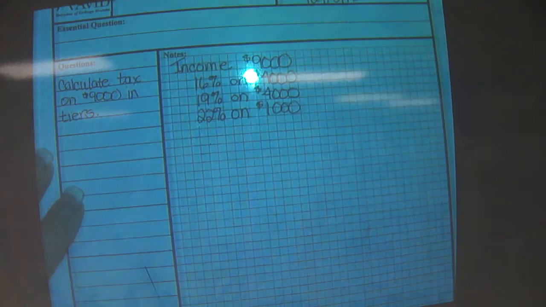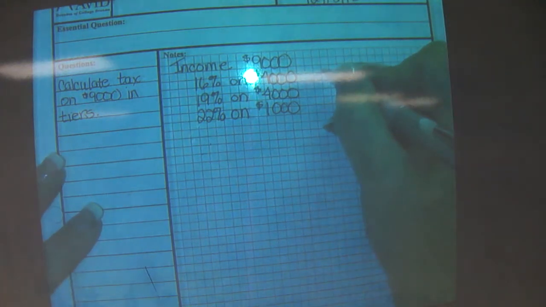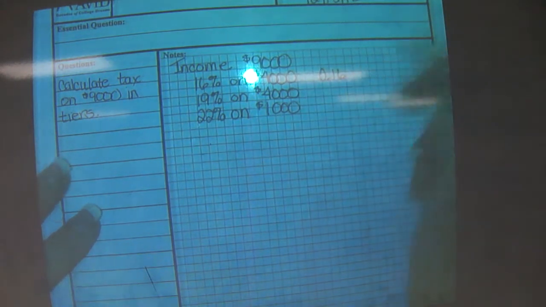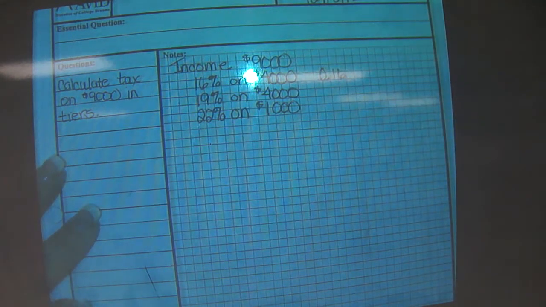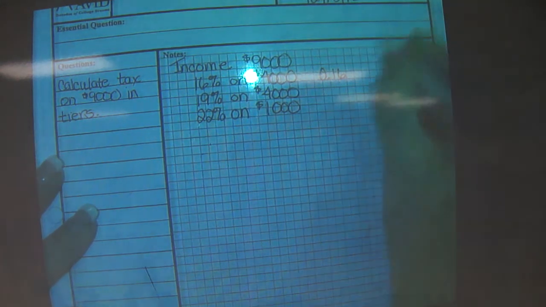We can show 16% two different ways. How could we show it? As a decimal, what would that look like? 0.16. How else could we show 16%? 16 over 100. 16 hundredths, right?